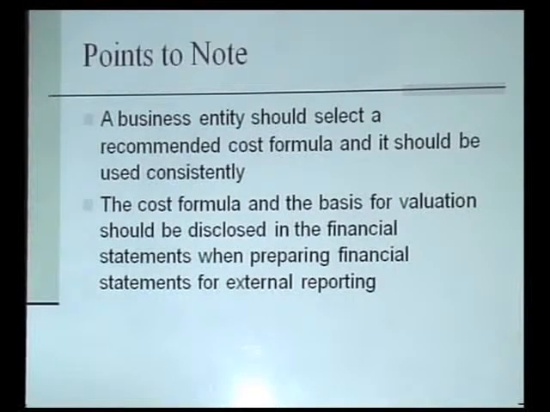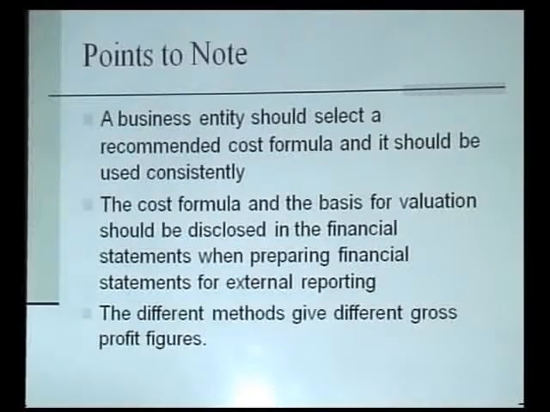And the other important thing, though it is not very important for sole proprietorships and partnerships, for companies it is very important: the cost formula used and also the basis for valuation should be disclosed in financial statements. And also it is important to note that if you use different cost formulas, the gross profit may vary because the cost of goods sold is different.